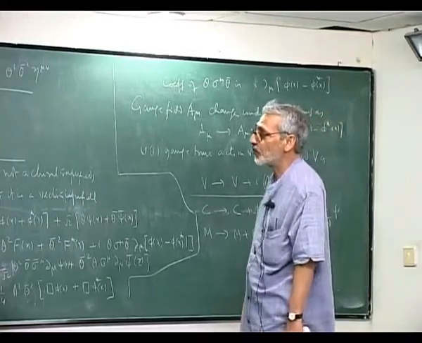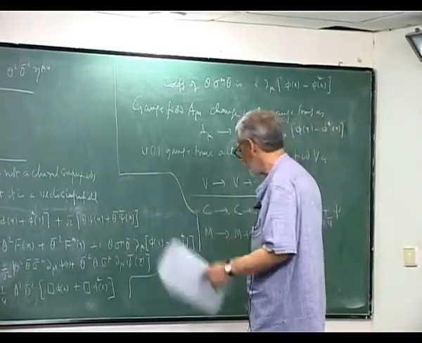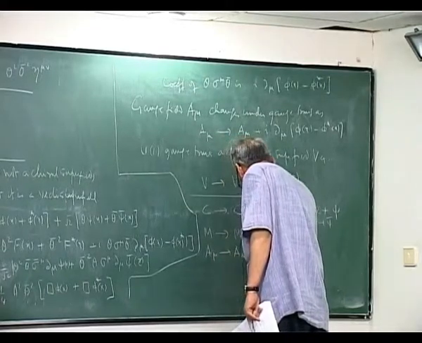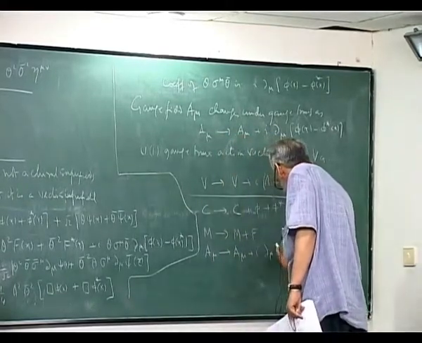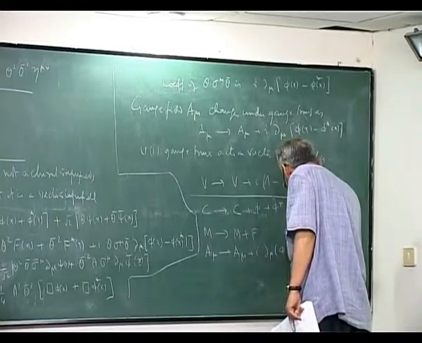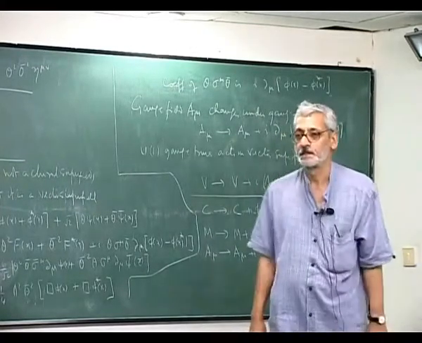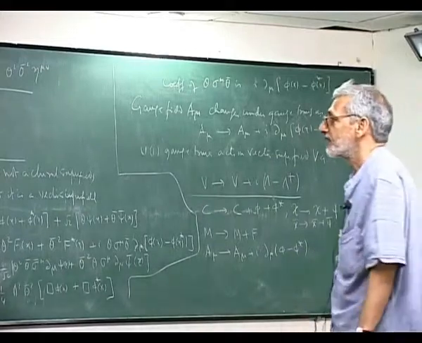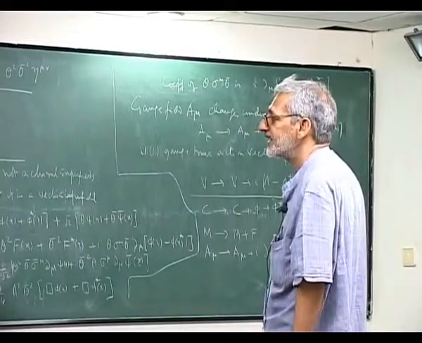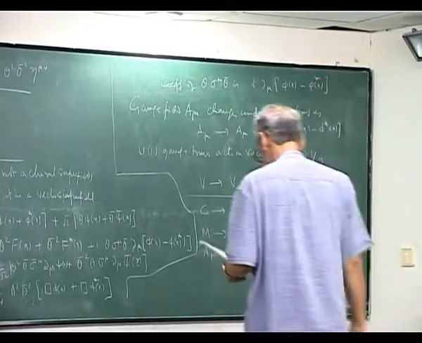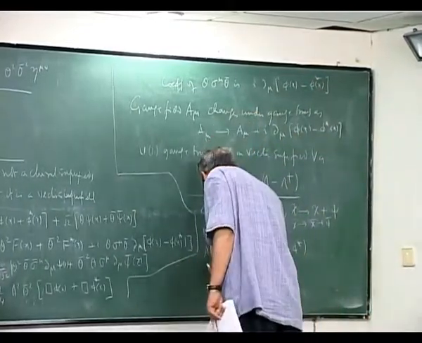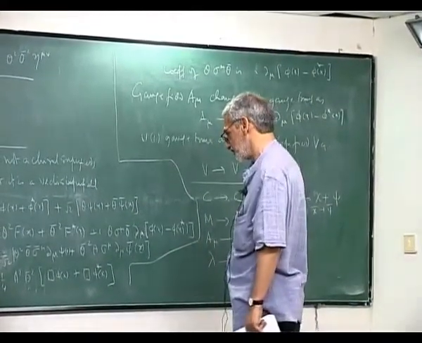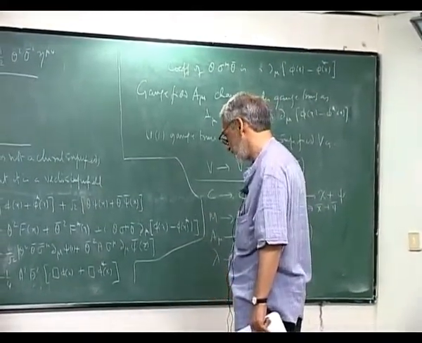And next, after m, what is the next one? A mu, and A mu we have already seen how it changes. And then is the 3 theta term, lambda.